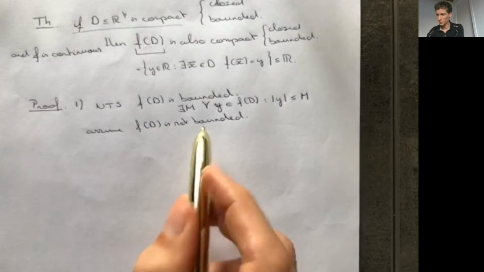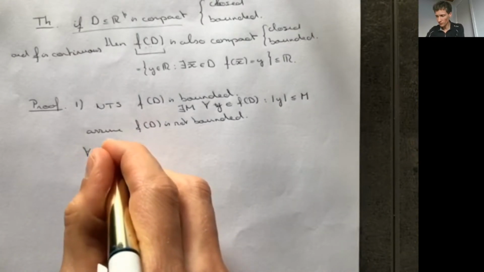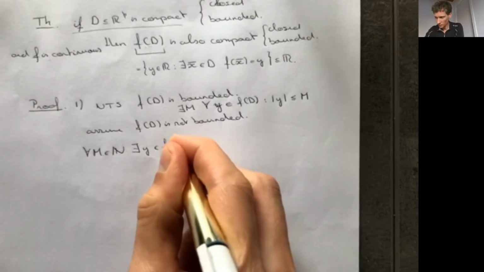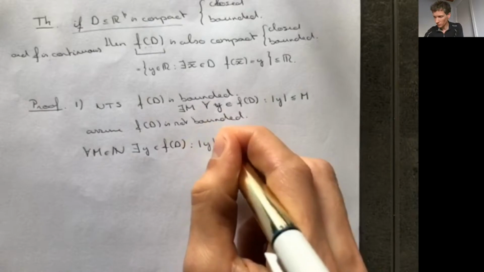So if you assume that f of D is not bounded, then you have that for all m, for all numbers, these can be integers, there exists some y in the range of f such that the absolute value of y is greater or equal to m.